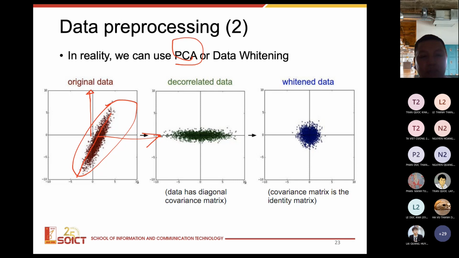And you see, if we transform the data from this dimension to this dimension, there is no correlation between x and y anymore. And we can, of course, also whiten the data to have the data centered around the origin.